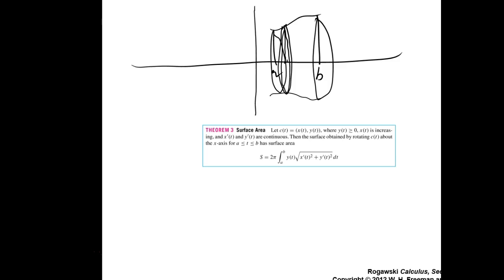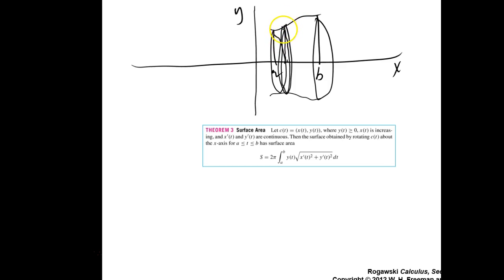Remember now, this is the x-axis, this is the y-axis. The length of this little chunk of cylinder is dx. But what in the world is your dx here? That would be your ds.